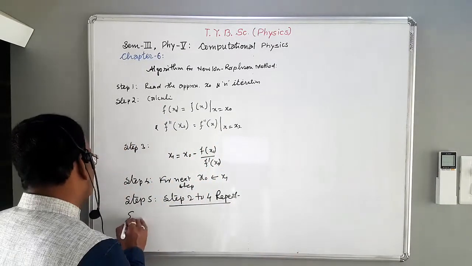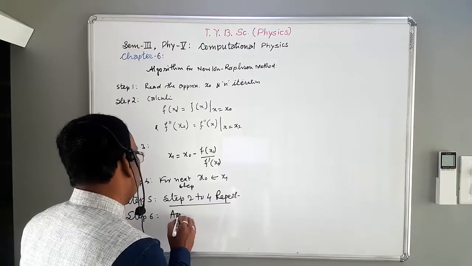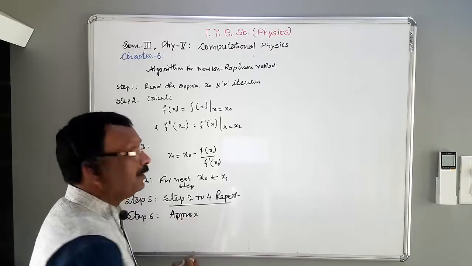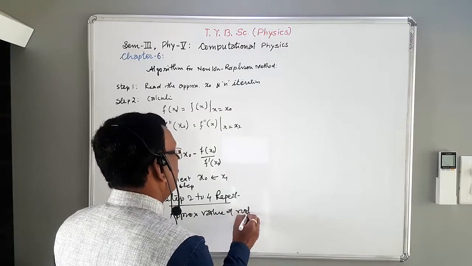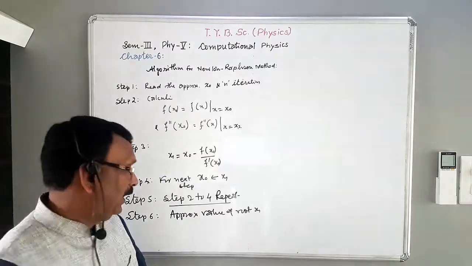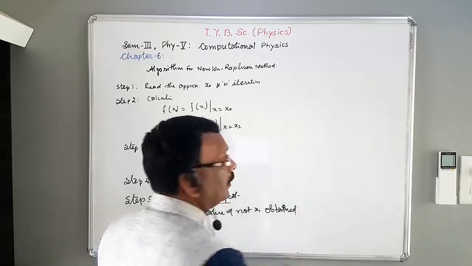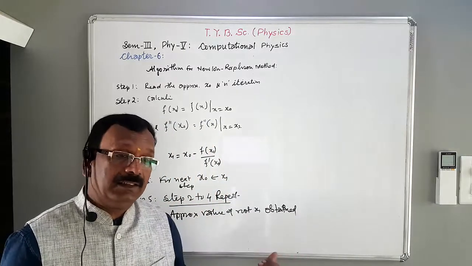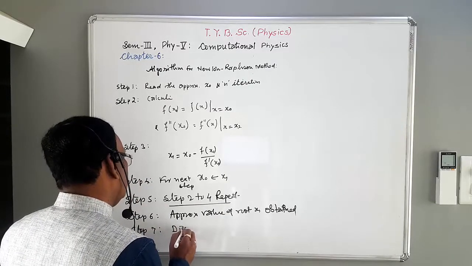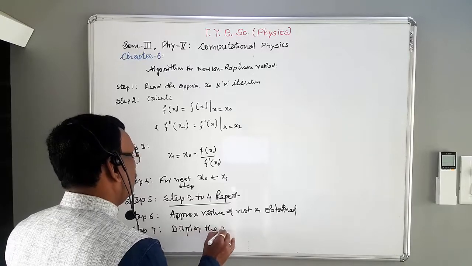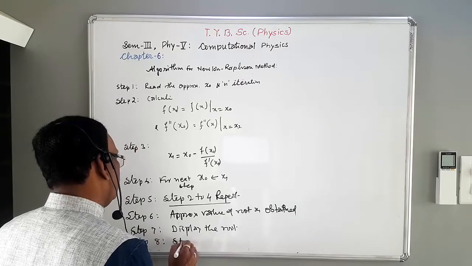Now in step 6 of the algorithm, the approximate value of the root x1 obtained in the last iteration. Then in step 7, display the root, and step 8, the last step, is stop.